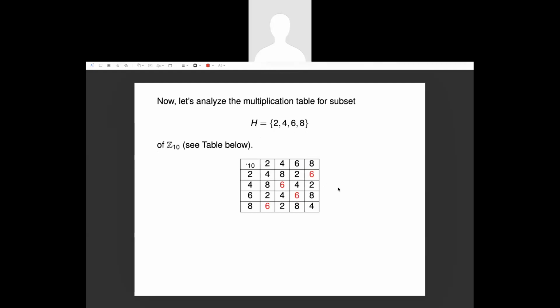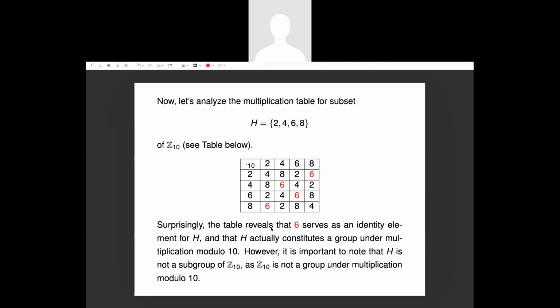You can see all the elements of this table are clearly closed. Surprisingly, the table reveals that 6 serves as the identity element of H, and H actually constitutes a group under multiplication modulo 10.